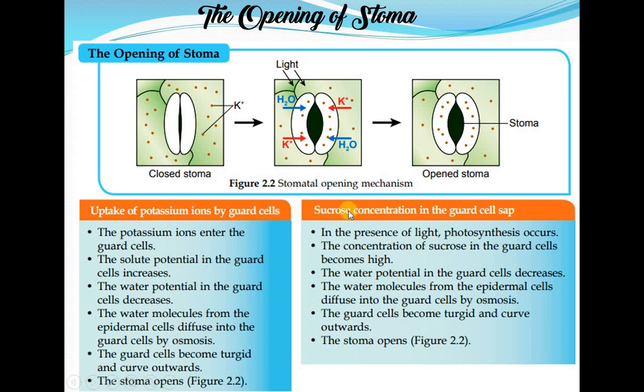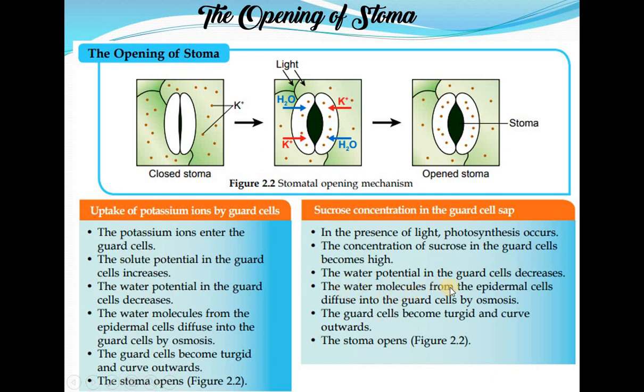Second factor, the sucrose concentration in the guard cell sap. In the presence of light, photosynthesis occurs, so the concentration of sucrose in the guard cells becomes high. This means the guard cell becomes hypertonic to the epidermal cell, and the water potential in the guard cell decreases.